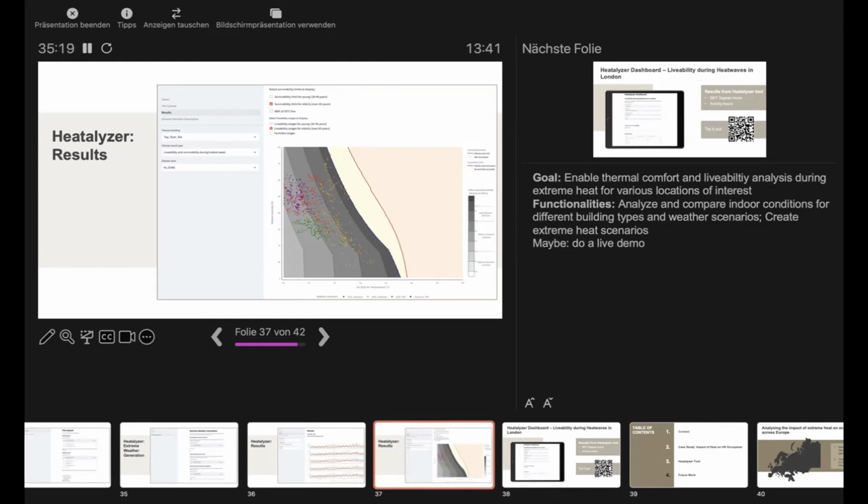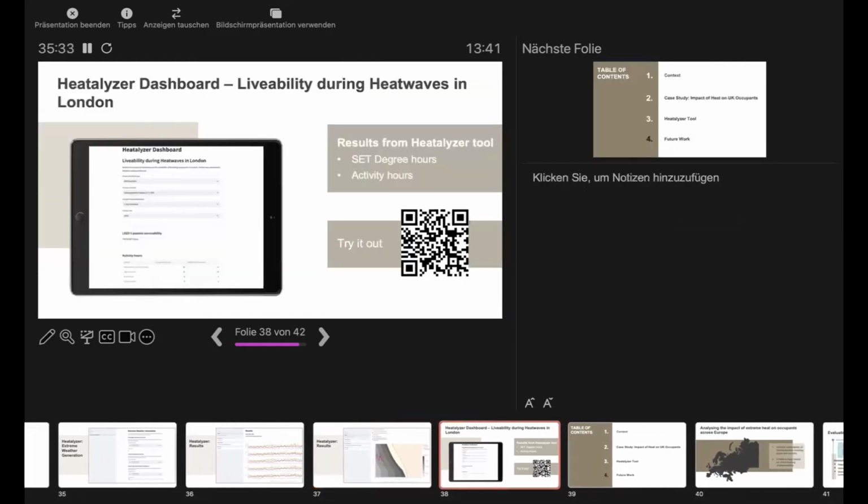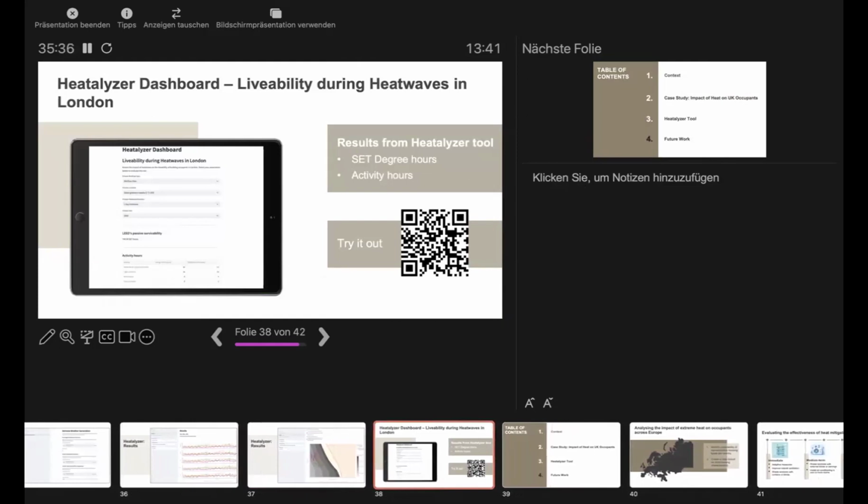Because we ran all of these simulations for housing types that are representative of the UK, we thought it would be great to make them available online for anyone to look at, so that anyone in the UK could select their specific housing type, where it's located, their age, etc., and find out how affected they are under different future or current heat wave scenarios. So based on our tool, we created this Heatalyzer dashboard, which currently allows you to assess livability during heat waves in London. What we report there are the results from the Heatalyzer tool for both the set degree hours that I talked about and our activity hours.